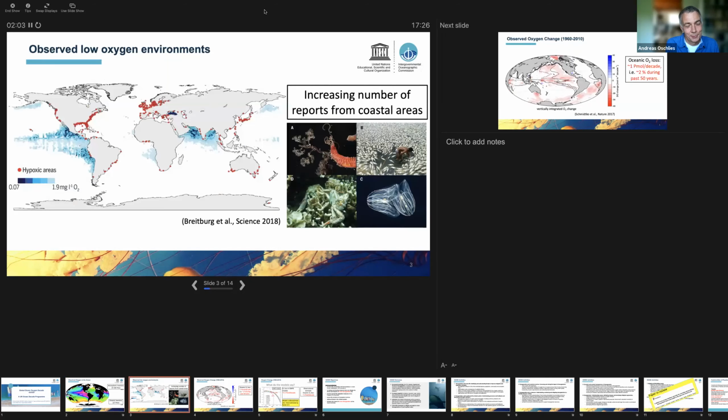One reason is that coastal communities report more and more low oxygen events. This might be related to the use of mobile phones, which is increasing, and people may have more time to walk along the beaches. So we have some evidence: a large number of these red dots on the map are reports of hypoxic events.